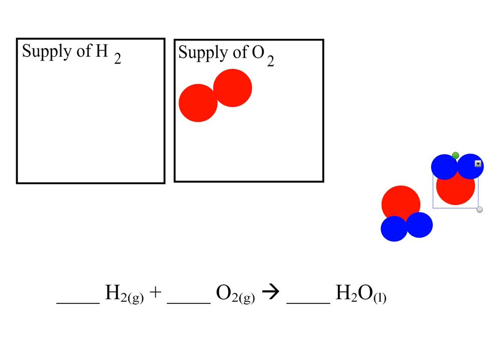So if I go back and do a little recap here, I know that I used two molecules of the element hydrogen, one molecule of the element oxygen, and I ended up forming two molecules of water. And so this would represent the balanced equation for the formation of water from hydrogen and oxygen.